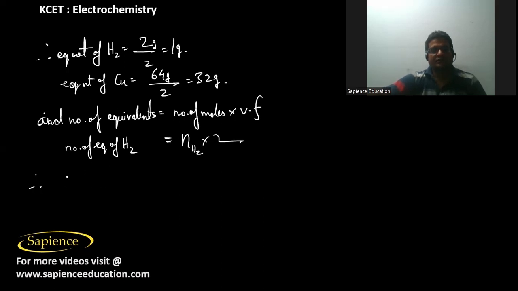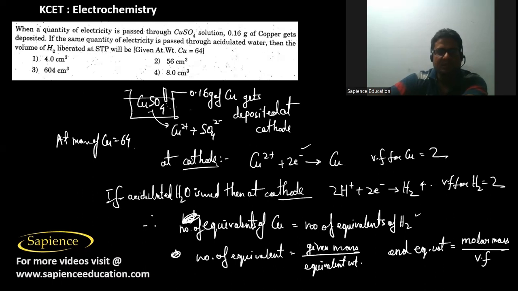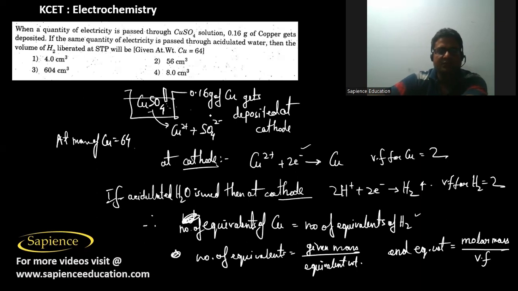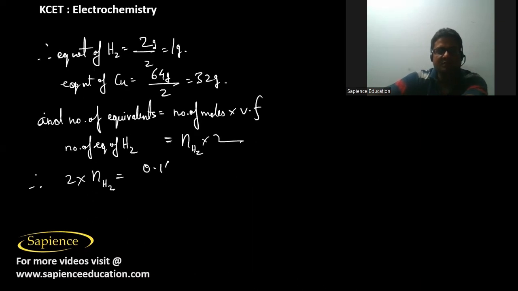Now, therefore, the number of equivalents of hydrogen, that is 2 into the number of moles of hydrogen, is equal to the number of equivalents of copper, that will be equal to the given mass which is formed, 0.16 gram, divided by the equivalent mass of copper, which is 32 gram.